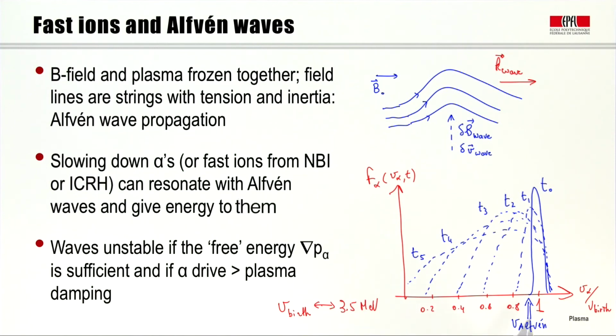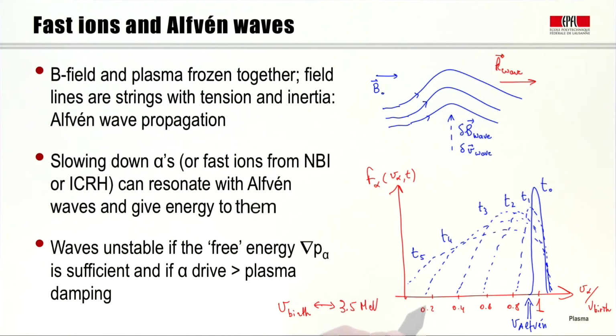The other point is that there will be potential for a very effective interaction between the slowing down alphas and the Alfvén wave corresponding to this range of velocity values, because the thermal speed for the bulk ions is much smaller.